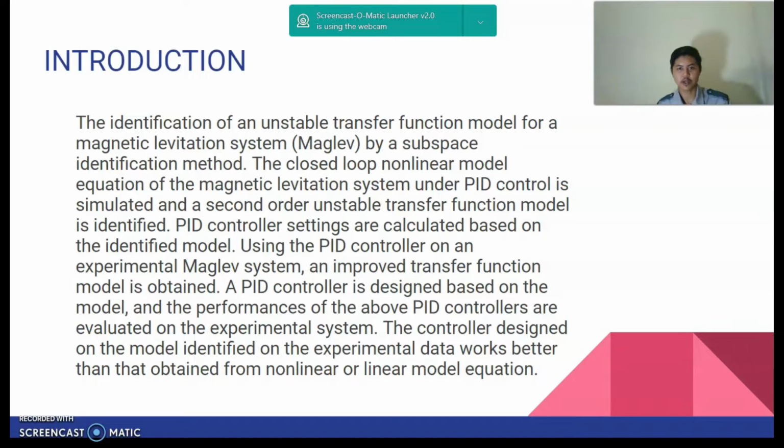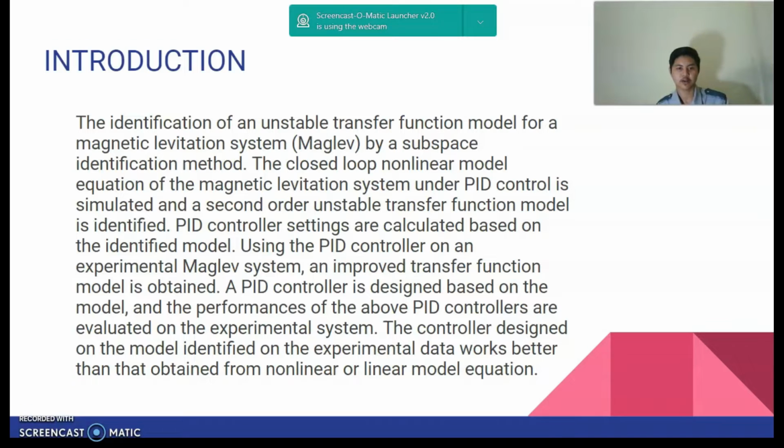The closed-loop nonlinear model equation of the magnetic levitation system under PID control is simulated and a second-order unstable transfer function model is identified. PID controller settings are calculated based on the identified model. Using the PID controller on an experimental MAGLEV system, an improved transfer function model is obtained.